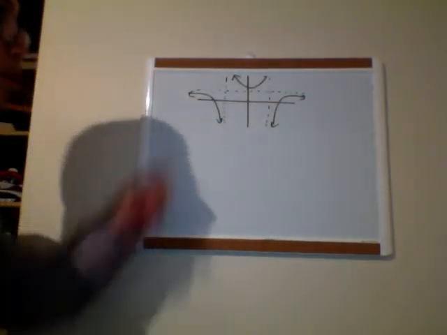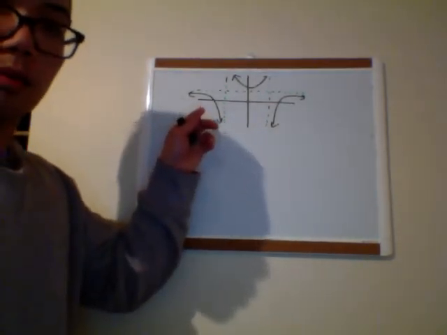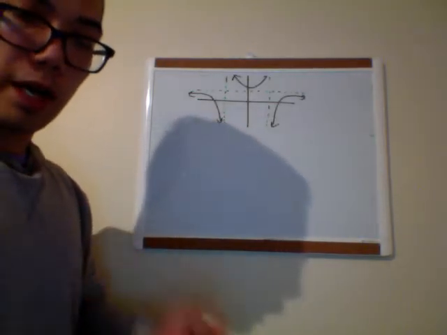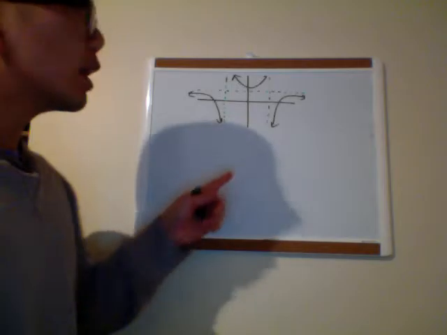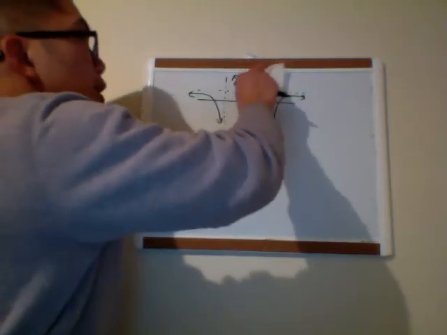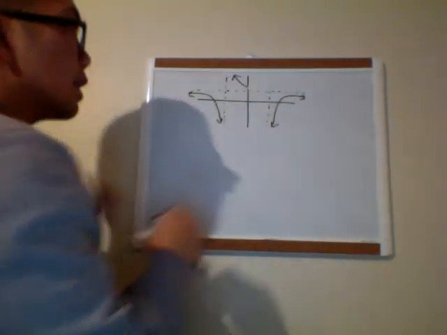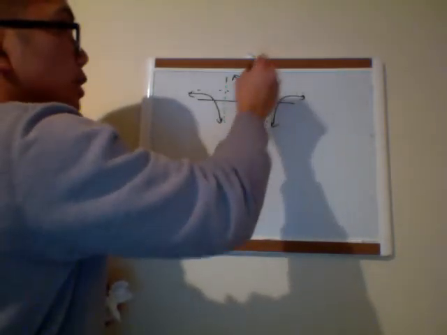Now, although asymptotes are what I just defined as lines that the curve does not cross, there is a possibility that you can cross a horizontal asymptote.